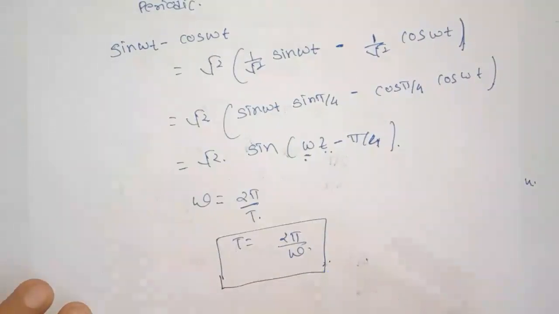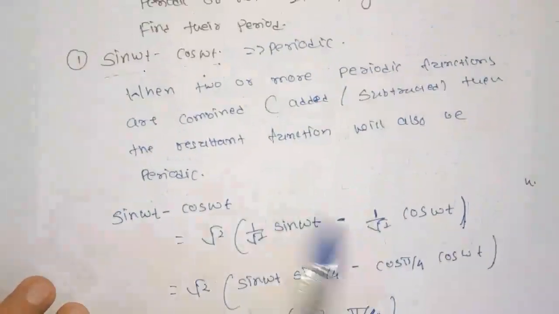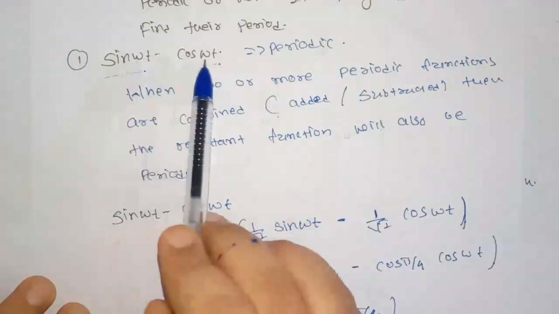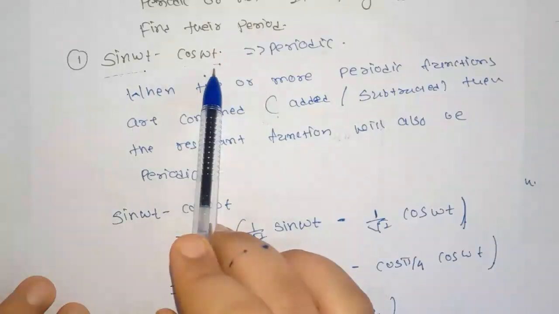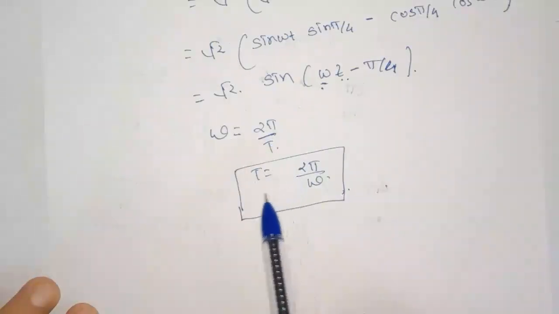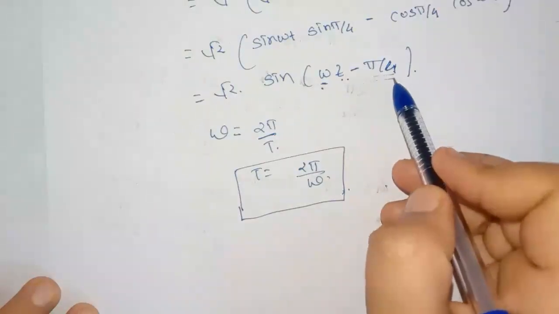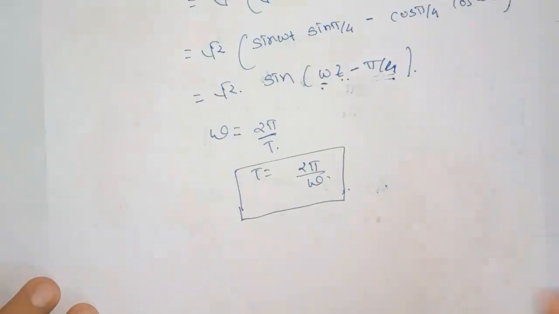Here we should note that when two functions having same angular frequency are added or combined, then the resultant angular frequency will also be same and resultant time period will also be same. Here pi by 4 is the phase difference. We will understand after this example what is phase difference.